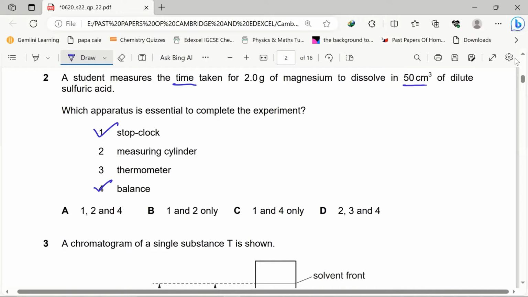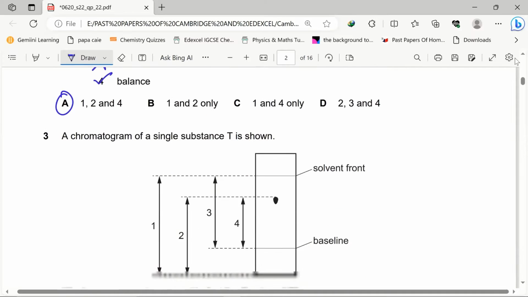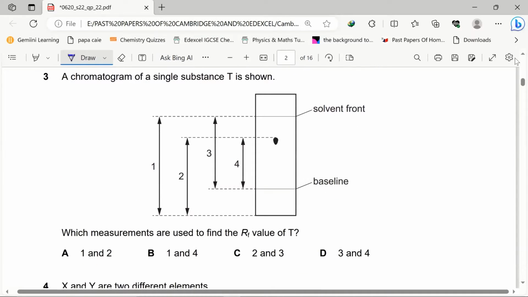And to measure 50 cm cube dilute sulfuric acid, we need a measuring cylinder, and we don't need anything else. So a thermometer is not required. It should be 1, 2, and 4. A should be the only correct answer. 3 is not correct. So that's it. Simple.